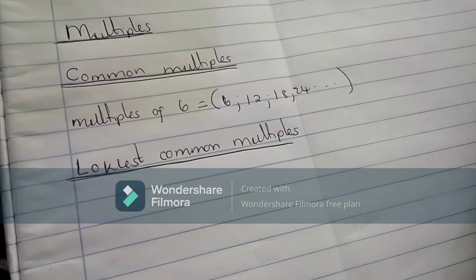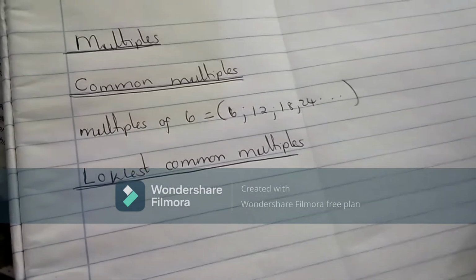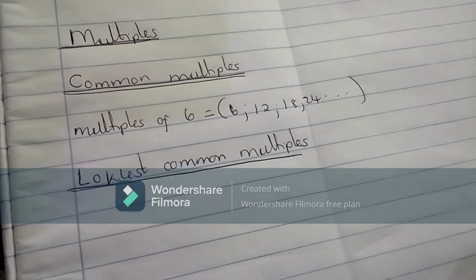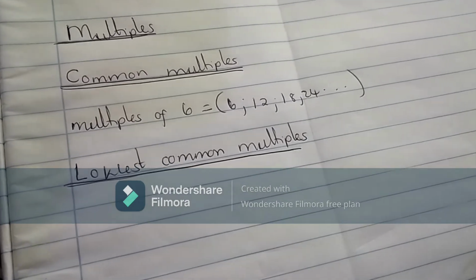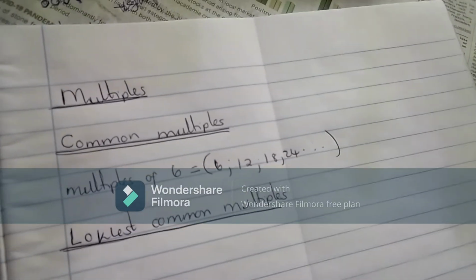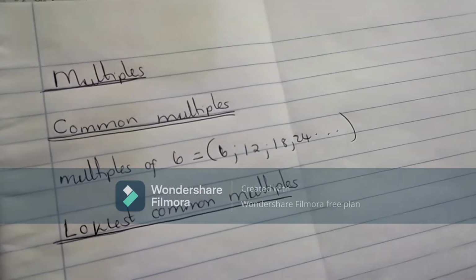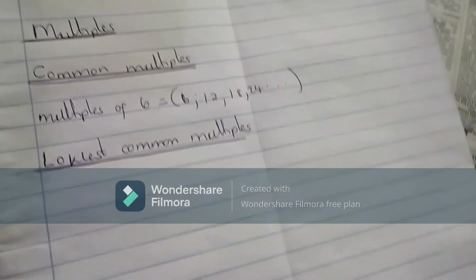When we were talking about highest common factor, we were looking for the highest number which goes into the other numbers, without leaving a remainder, but being the highest.